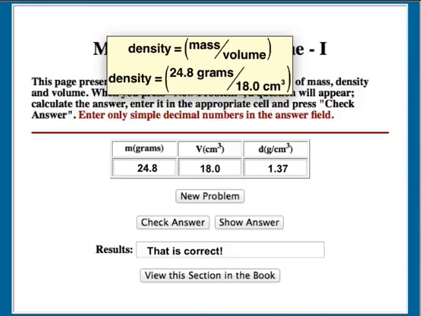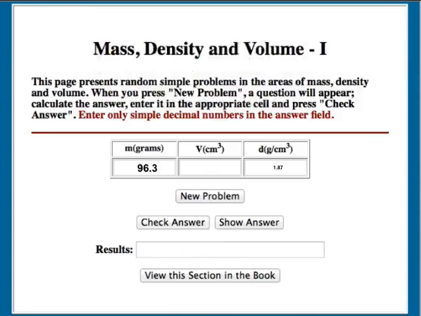This is another version of density 1. Here we are given a mass, we are given a density. We have to calculate the volume. Why don't you do that quickly while I pace?